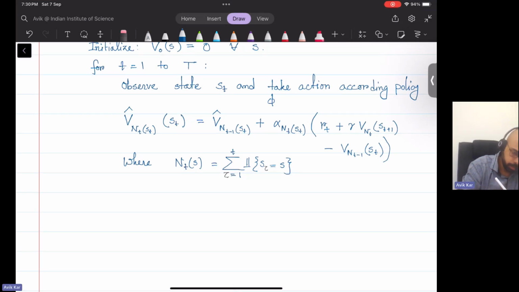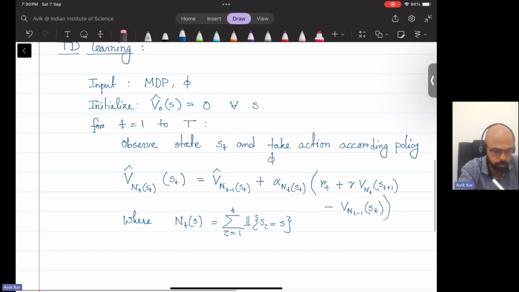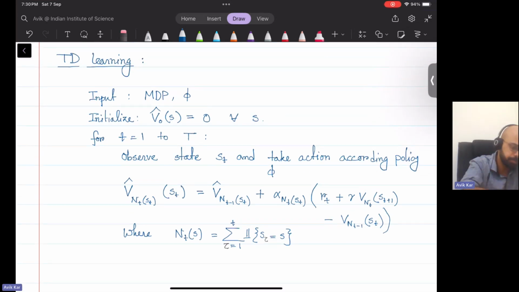So that you do till time T, and at the end you have some estimate, and that's your value estimate at the end. Okay. Now let's move to the Jupyter notebook and try to code this algorithm.